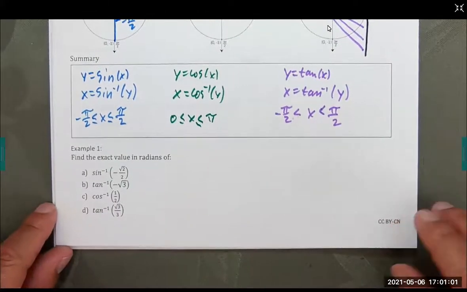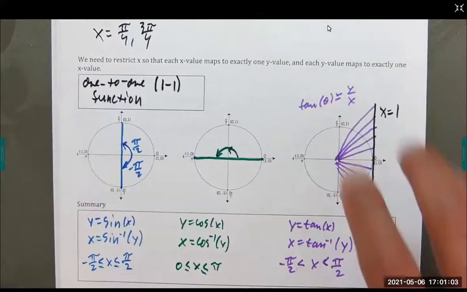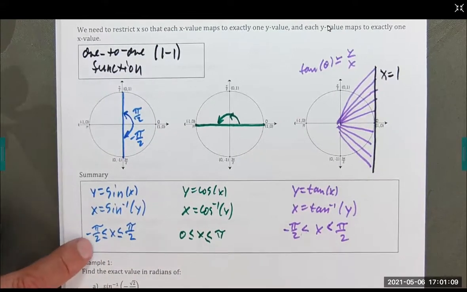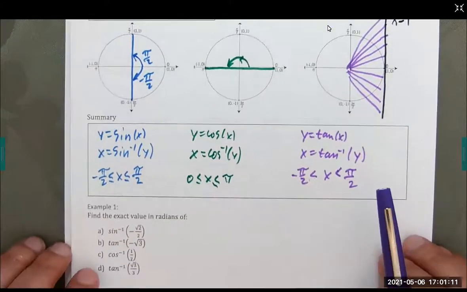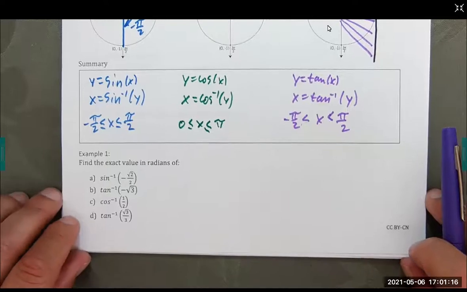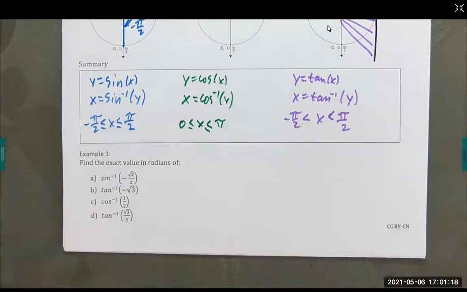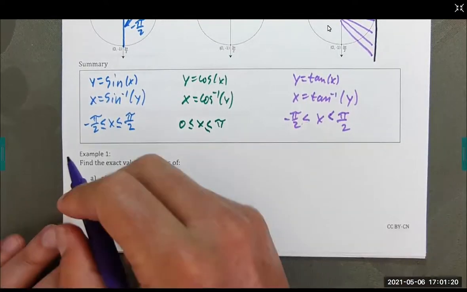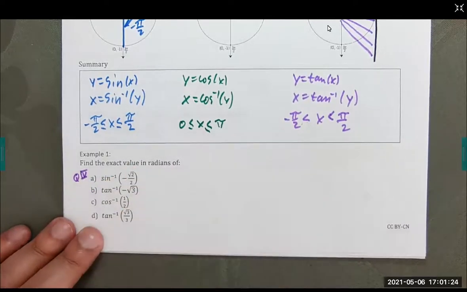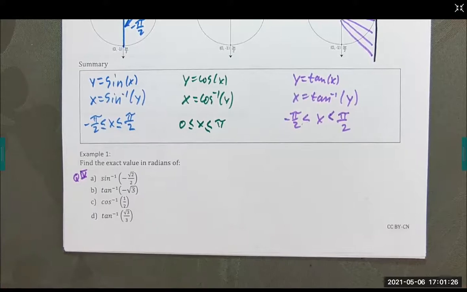So what this means is when we do inverse sine, my values have to be between negative pi over 2 and positive pi over 2. So when I look here at inverse sine of negative root 2 over 2, I know that's going to be in quadrant 4. It'll have to be. And because it's negative specifically.